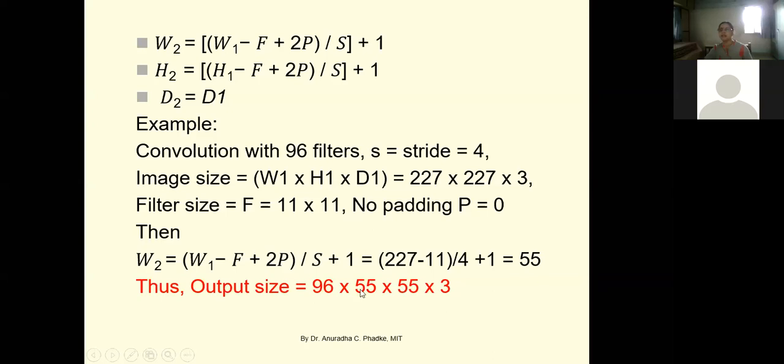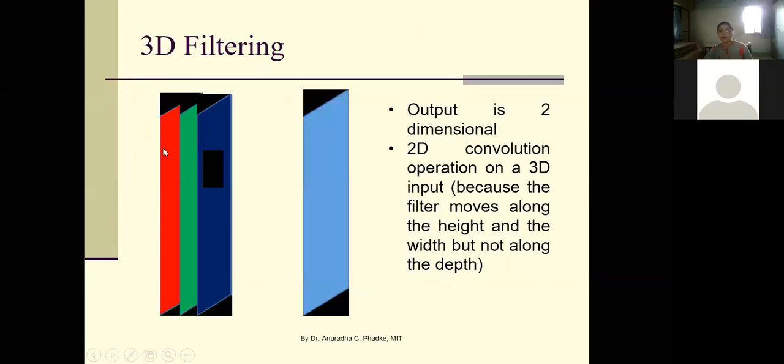And now what is the depth parameter? Your original image is a color image, so you already have 3 planes, because it is indicated here as 3. And now these 96 convolution filters are applied on all these 3 planes.